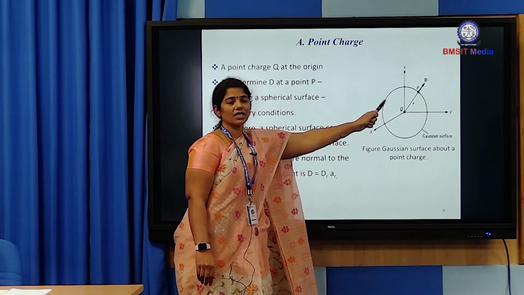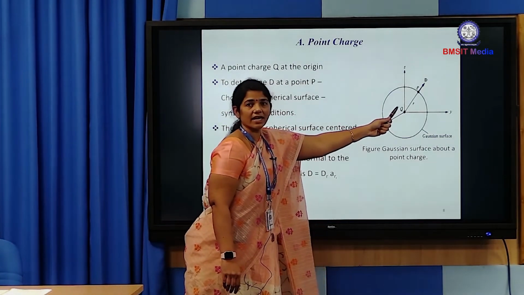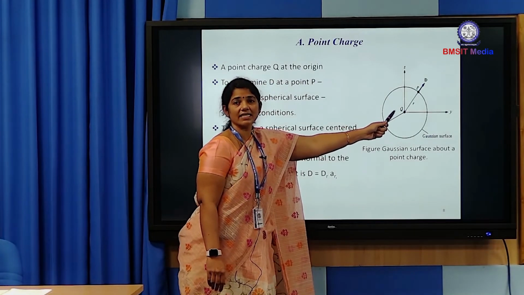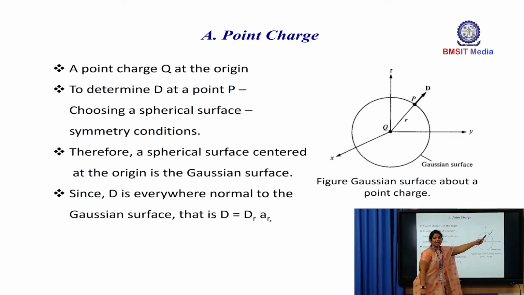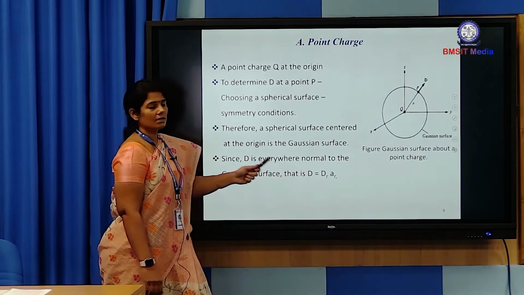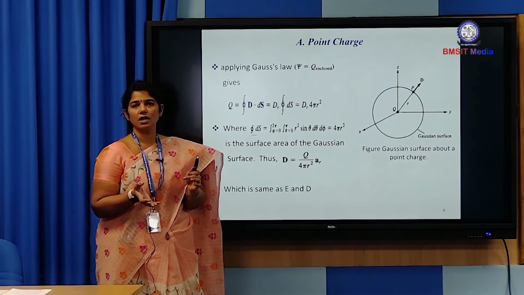Therefore, a spherical surface centered at the origin is what we are considering as the Gaussian surface. Since D, that is electric flux density, is everywhere normal to this Gaussian surface, D is equal to D_r into AR.